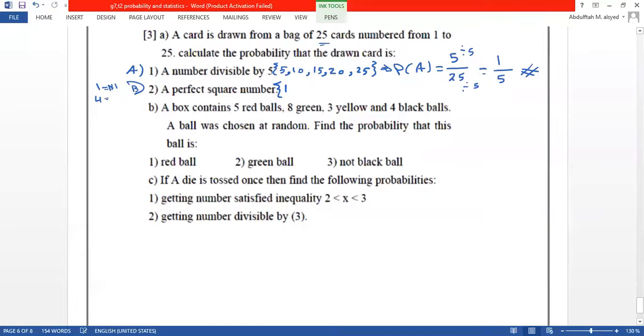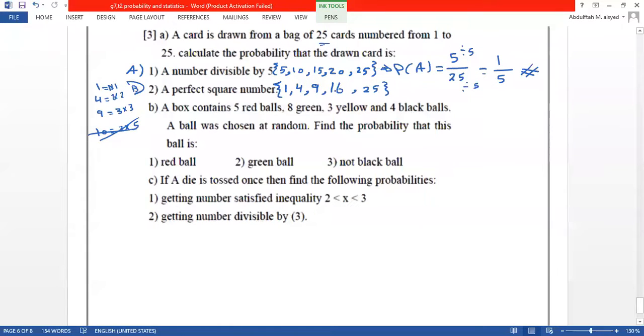Also 4 equals 2 times 2, so 4 is a perfect square. 9 is a perfect square because 9 equals 3 times 3. Also 10 equals 2 times 5, so it is not a perfect square. Also 16, because 16 equals 4 times 4. 25 also is a perfect square because it is 5 times 5. So these numbers are called perfect squares.